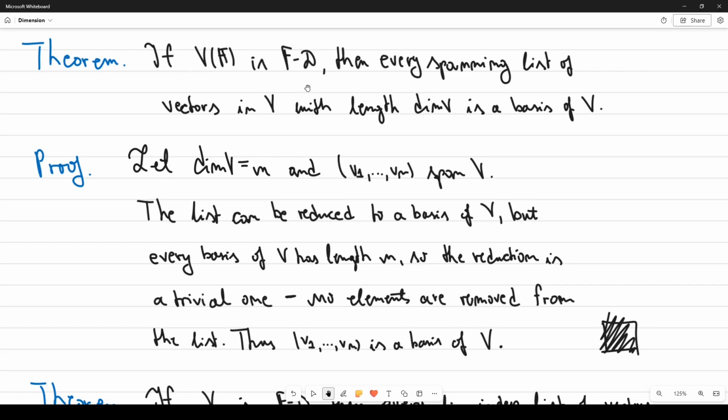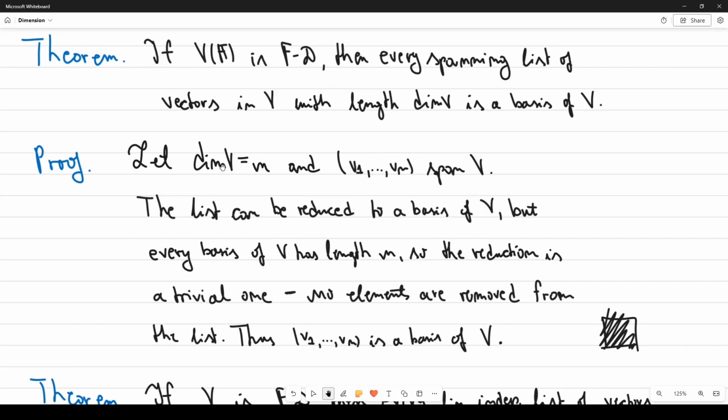If V is finite dimensional, then every spanning list of vectors in V with length dimension V is a basis of V. So if I have a spanning list with n elements and the dimension of V is n, then the spanning list is a basis.